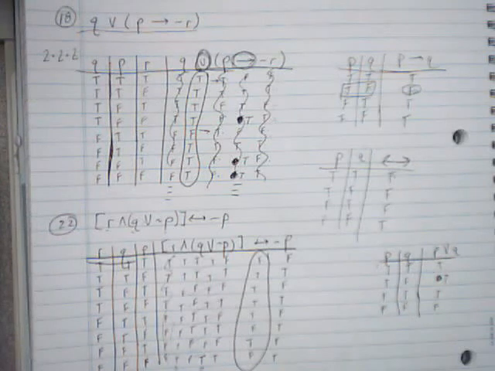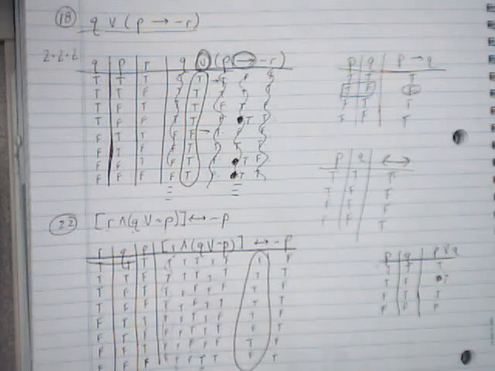Now 22 is false, true, true, true, true, false, true, false. Okay, so what do we get on number 18? I don't think we got 18 right. True, true, false, true, true, true, true, true. I didn't get number 18 right. Where's the false? Like row number 5.